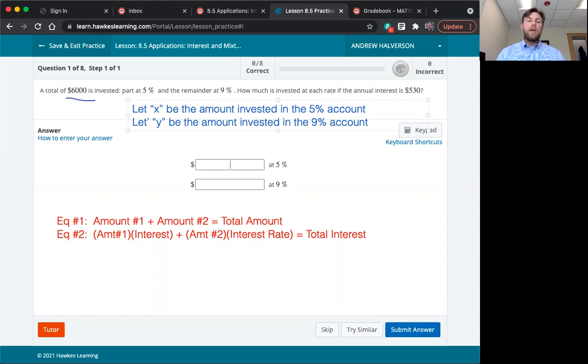You're just labeling how much you're going to be investing in the two different accounts. So when we do equation number one for the amount, it just becomes the amount we put in one account plus the amount we put in the second account. How much are we investing? 6,000 bucks.